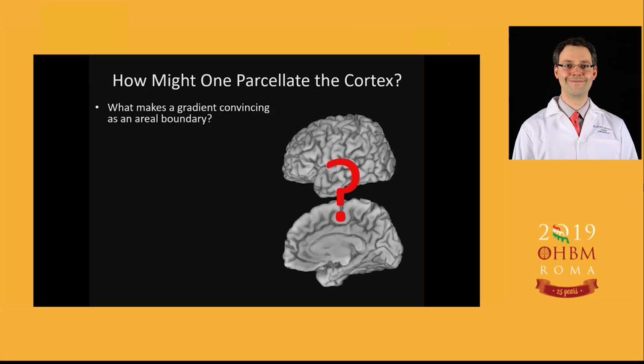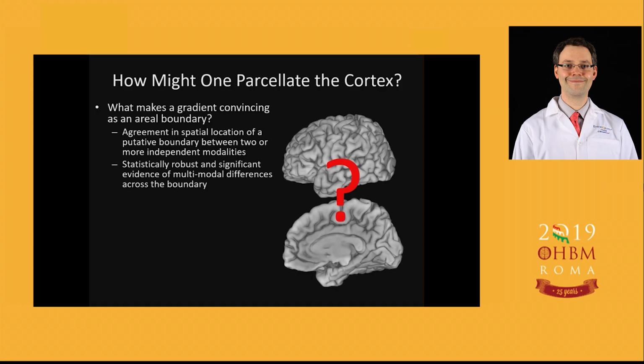So what makes a gradient convincing as an areal boundary? Well, if we've got agreement in spatial location of a particular boundary in 2 or more independent modalities, that's really the strongest evidence to me that you have a real boundary there. Also, it's important to have statistically robust and significant evidence of multimodal differences across the boundary in more than one modality. If it's present in both hemispheres, that's kind of like an internal validation.